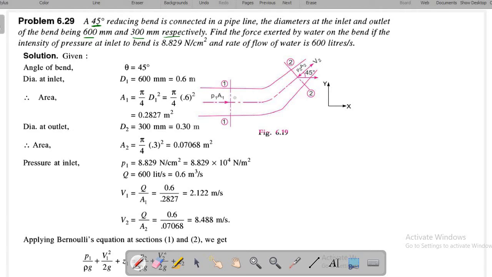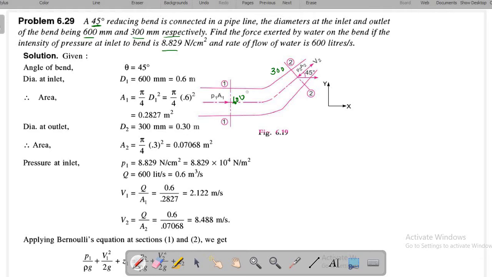So here it was 600 mm and it is reduced, even as it is bent, to 300 mm. It is something like a tapered bend, we can say. Find the force exerted by water on the bend if the intensity of pressure at inlet to the bend is 8.829 Newton per centimeter square.